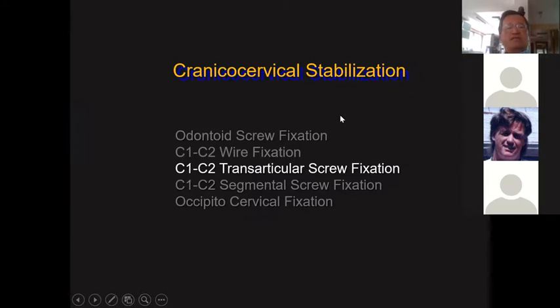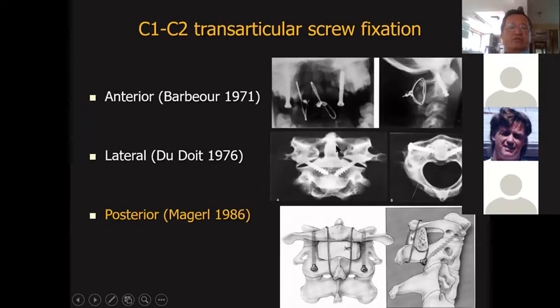Another one is the C1, C2 transarticular screw fixation. Actually, there are 3 techniques for that. Anterior, I have shown you a few slides before. Lateral is very technically demanding, but posterior one has been used for many years.